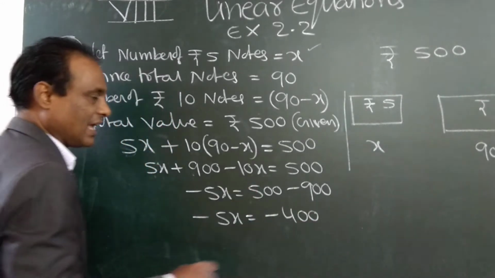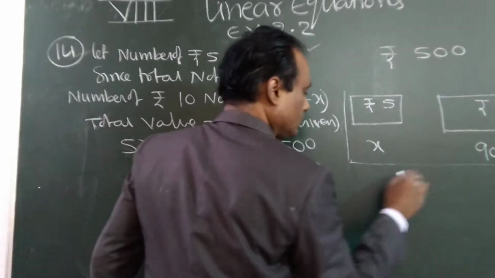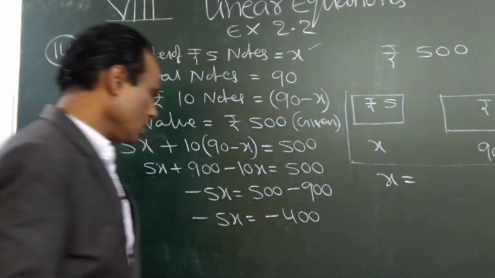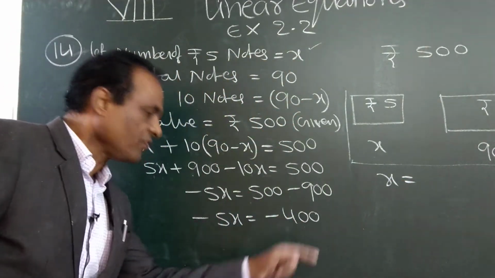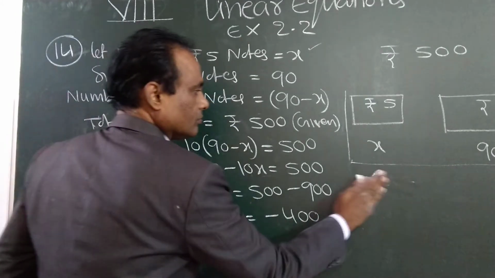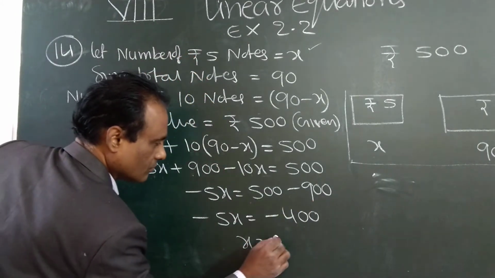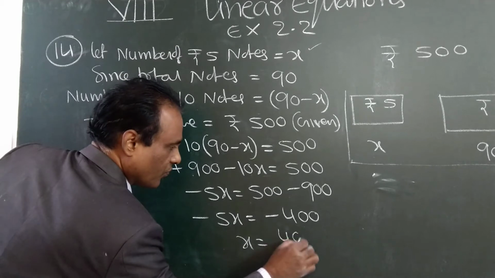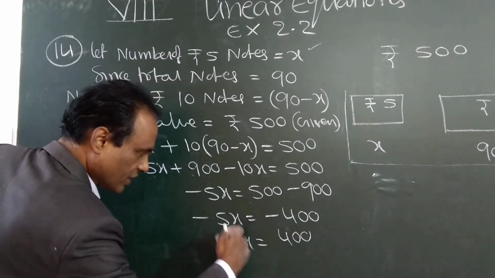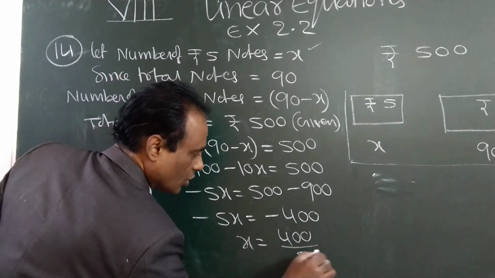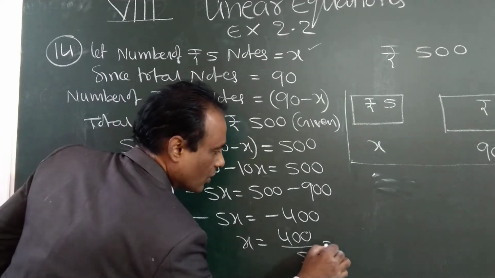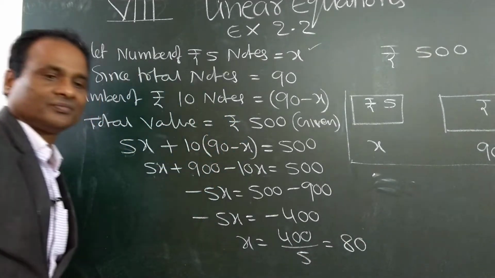Minus minus cancel. X is equal to 400 by 5, which means we divide. 5 eights are 40, so 80.